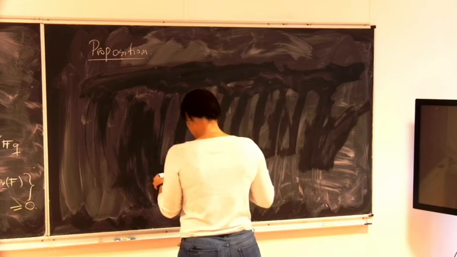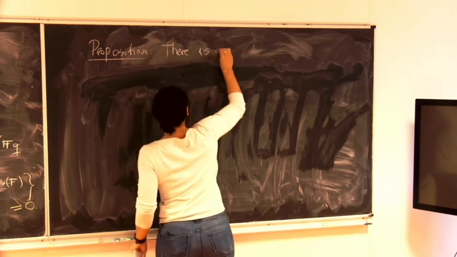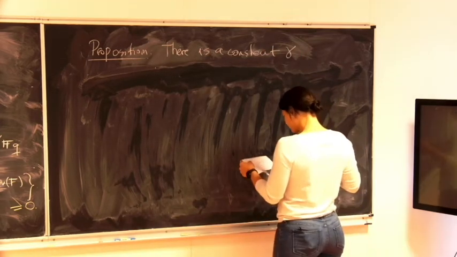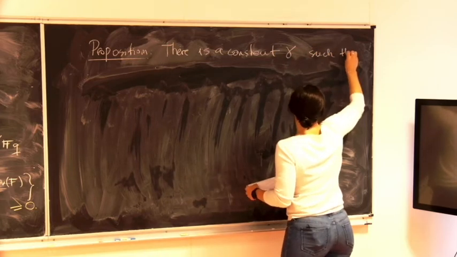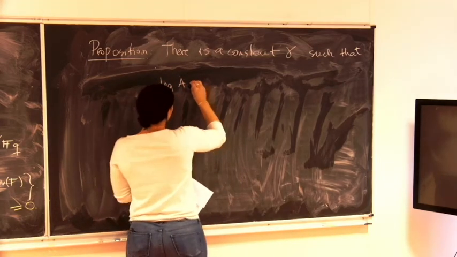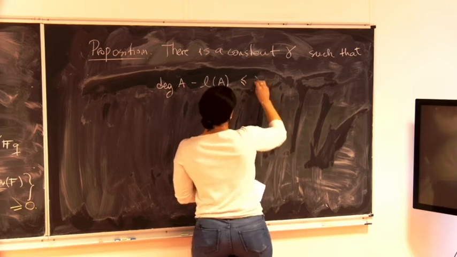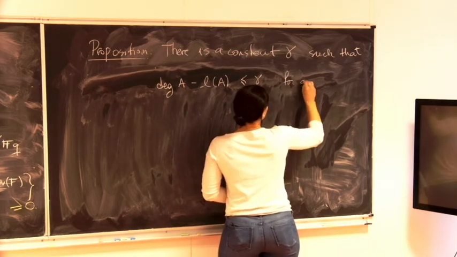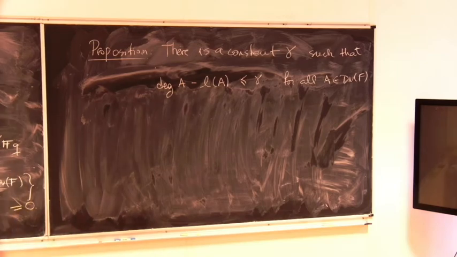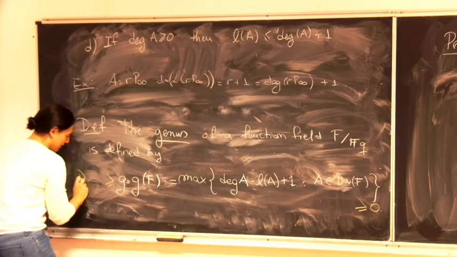But the proposition says that there is a constant delta, a positive constant, such that the degree of A minus L of A is bounded by that constant for all A. So actually, this is bigger or equal than 0, and it's also bounded by gamma plus 1.